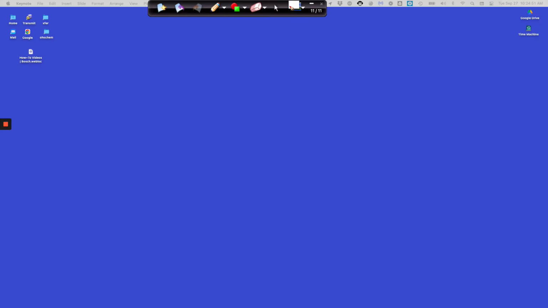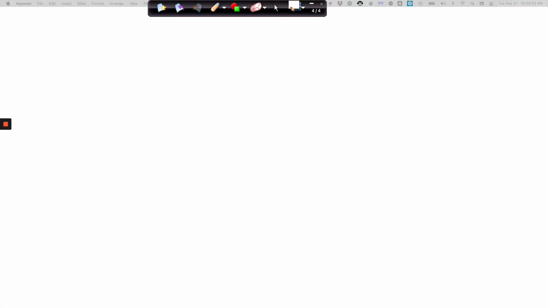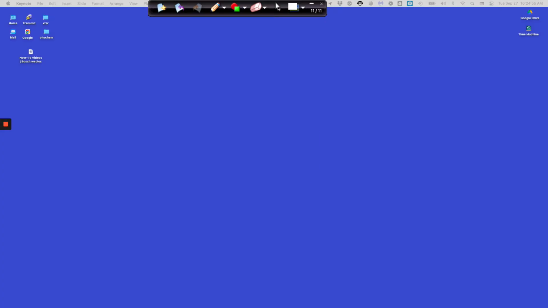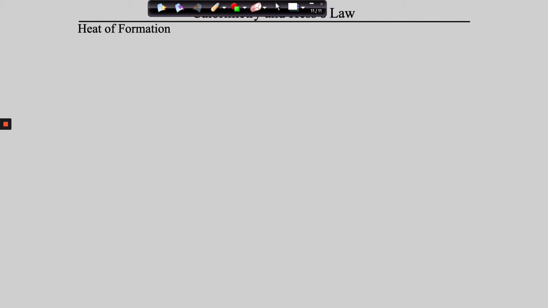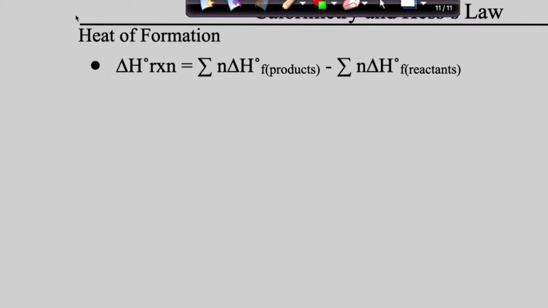Guys, everything that we just said is represented in this equation. Write this down. Everything that we just said is represented in this equation. Let me remind you what we said.